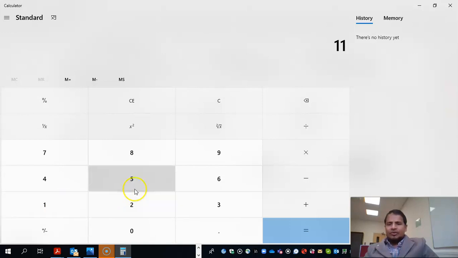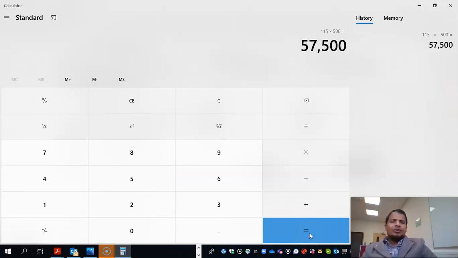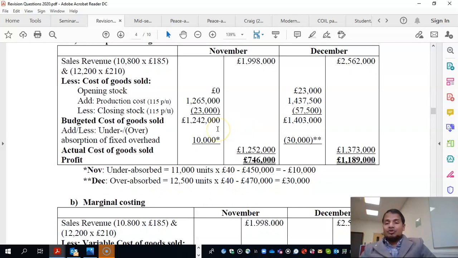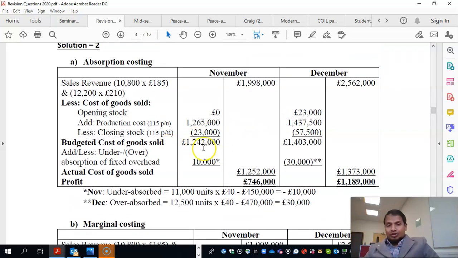So 115 times 500. So it's equal to 57,500. Yeah. Okay. All right. So and then after it just beginning plus production minus ending, it should be 1,403,000. All right. And then come to overabsorbed or underabsorption.